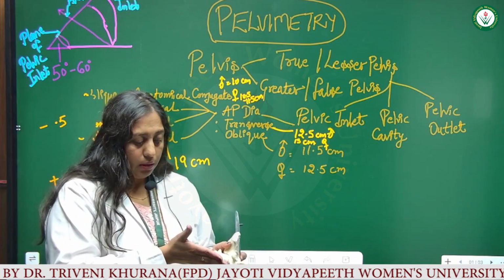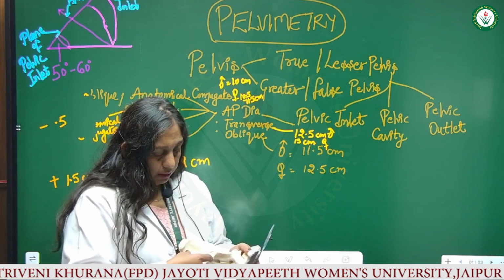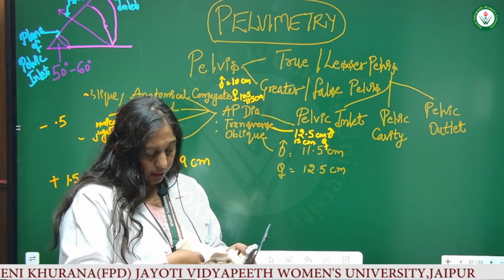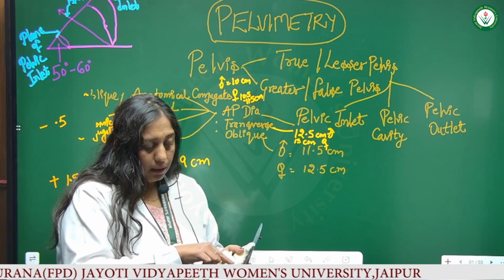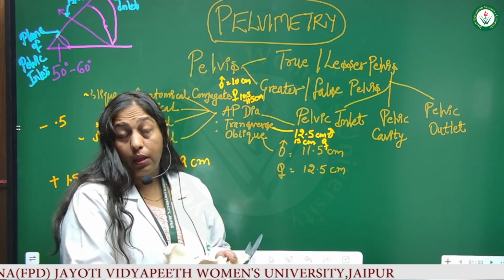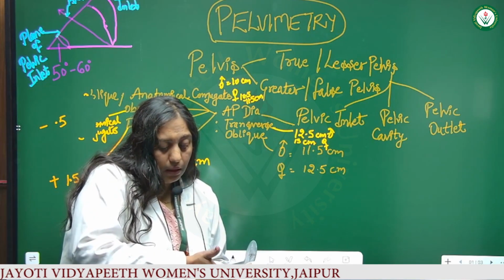Now let's discuss the oblique diameter of the pelvic inlet. When you see the SI joint of the right side up to the iliopubic eminence of the left side, this makes a diagonal line.